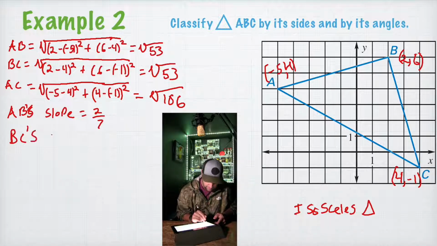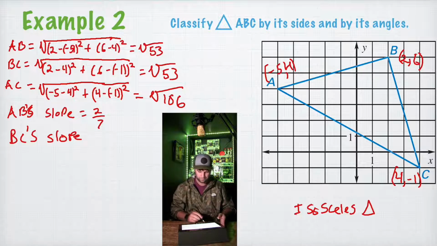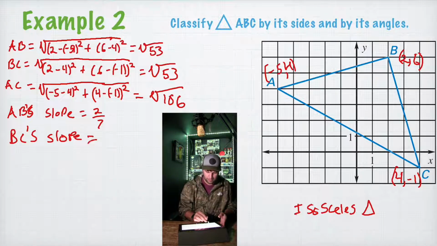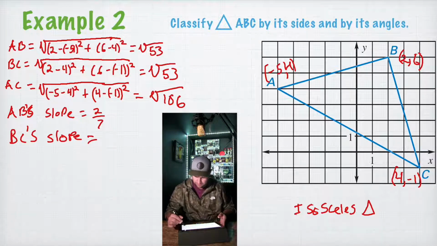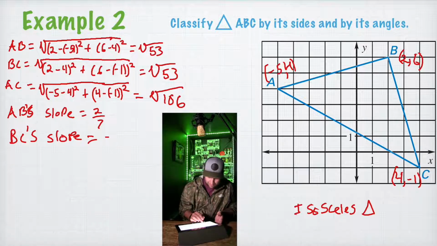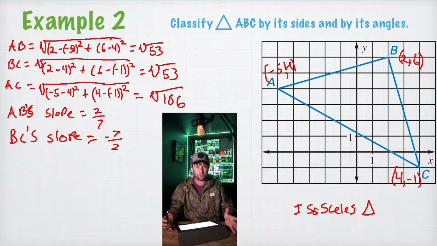So let's check out BC's slope. BC's slope is going to equal, from B to C, we'll go down 1, 2, 3, 4, 5, 6, 7 over 2. So it's going to be negative 7 over 2. So those are opposite reciprocals, right?